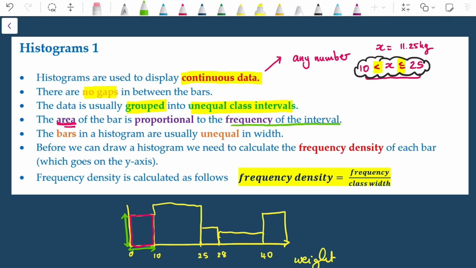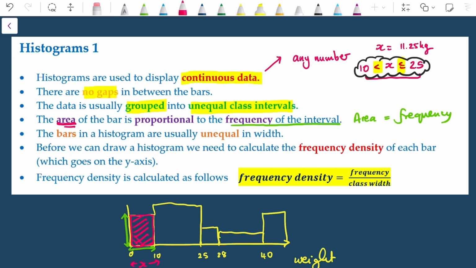In GCSEs and IGCSEs, the scale factor is always 1, so we're just going to say that the area is equal to the frequency. So if you can work out the area of this bar, then you know the total frequency of cat weights between 0 and 10. I'll know how many cats I weighed.